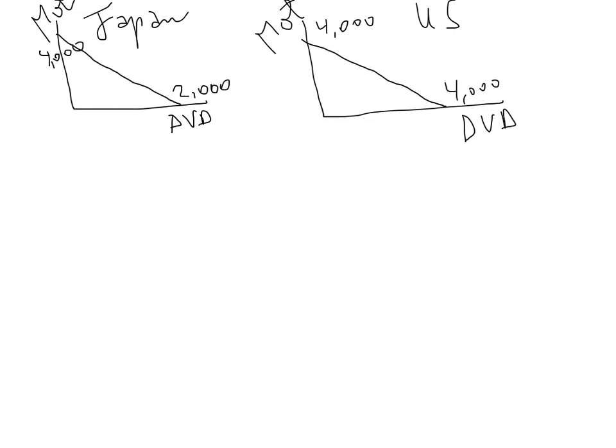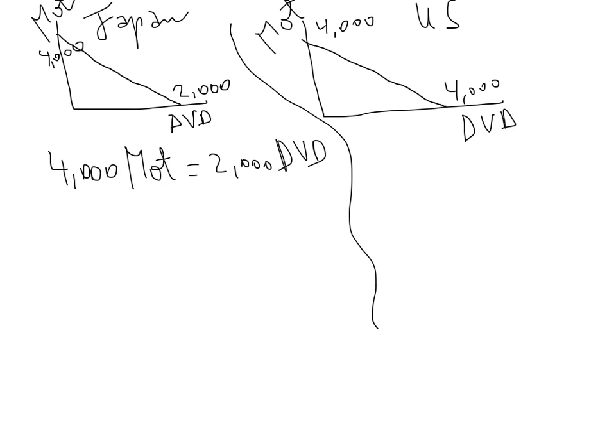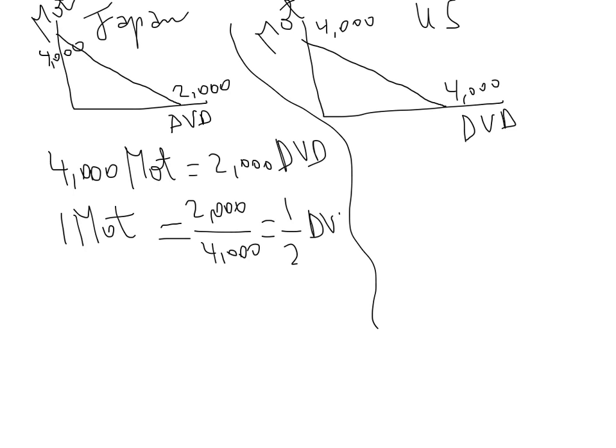So let's set up some equations first. For Japan, based on the intersection points, we have 4000 motorcycles equals 2000 DVDs. That means that to produce one motorcycle, Japan has to give up 2000 divided by 4000, which is half a DVD player.